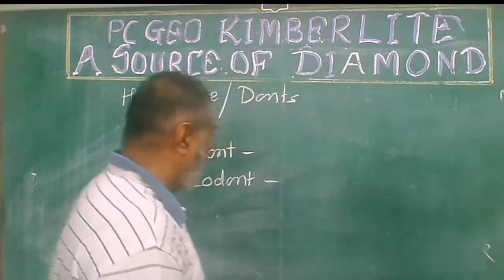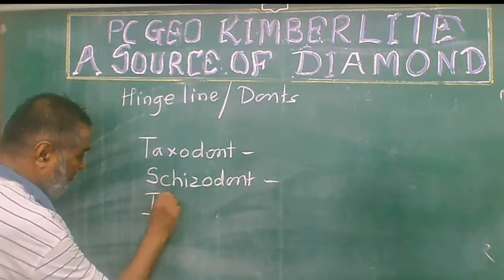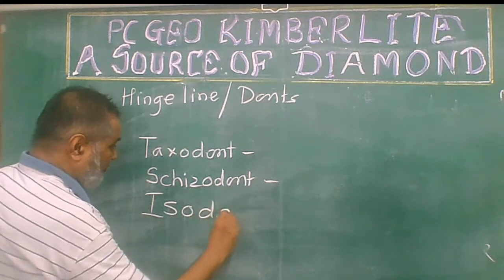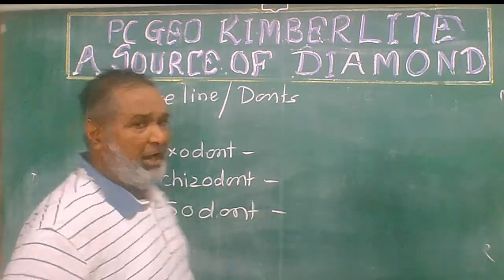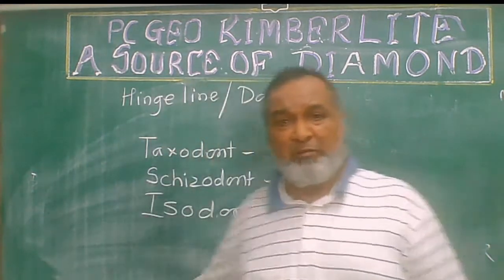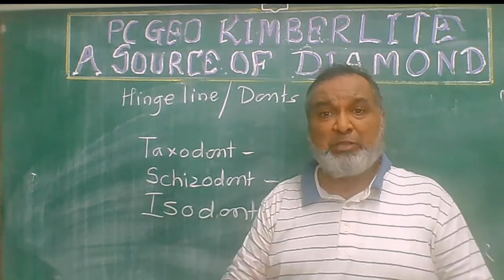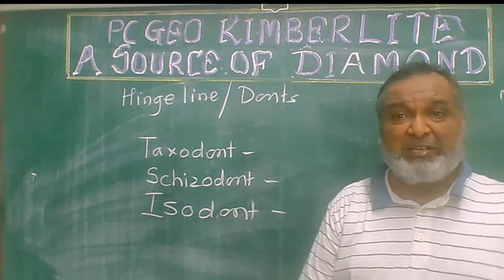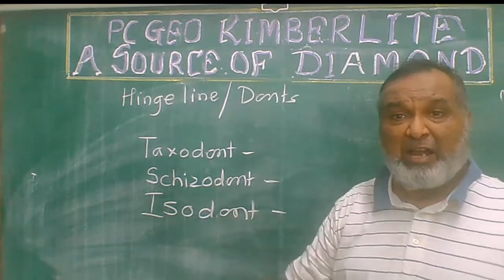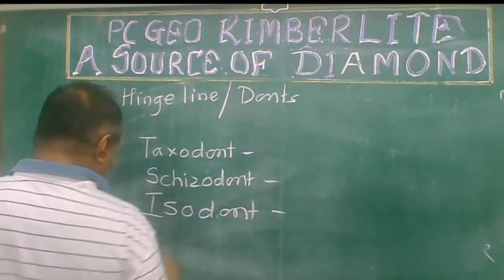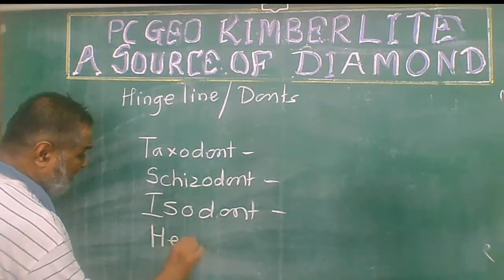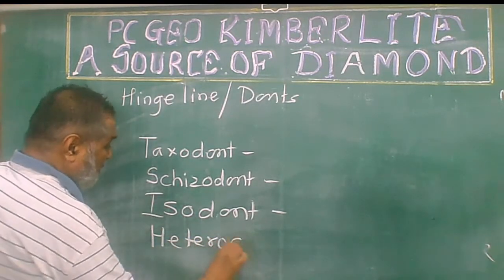Then the next one, isodont. Iso means equal. Where the schizodont's size is less, few in number, if the grooves and sockets are equal in size, then it is called isodont. If they are unequal in size, one bigger, one smaller, heterodont.